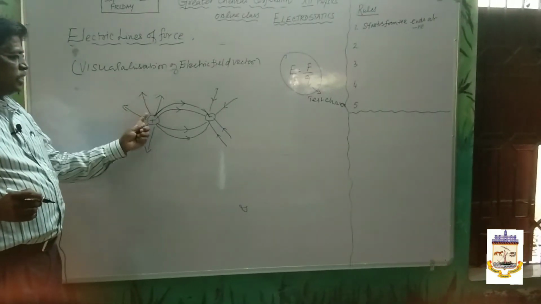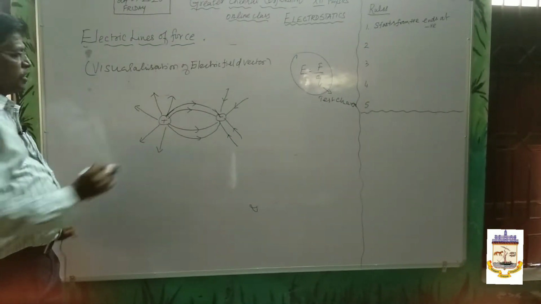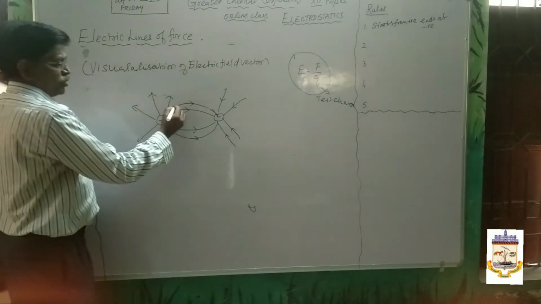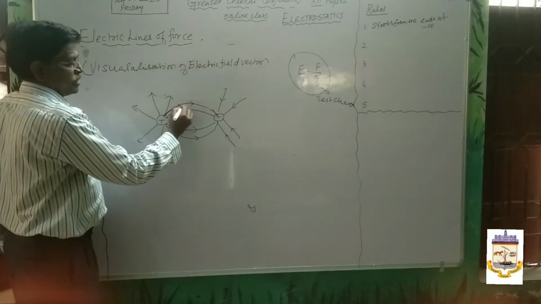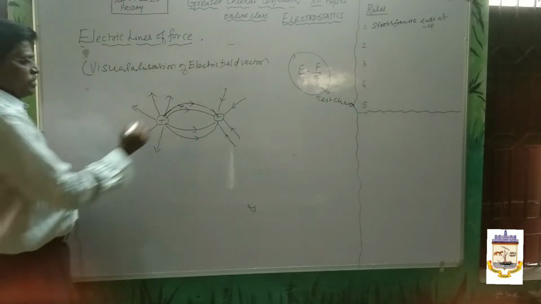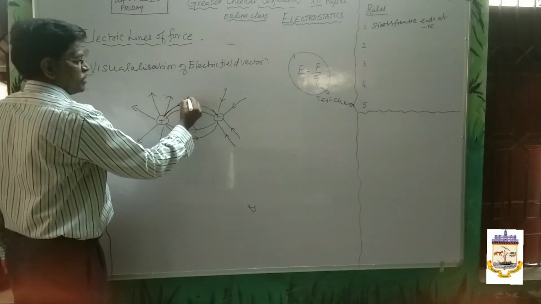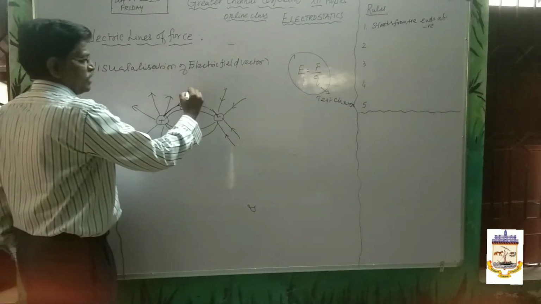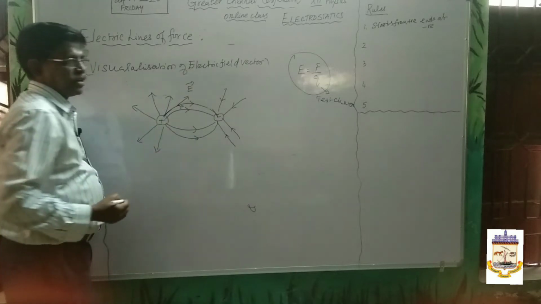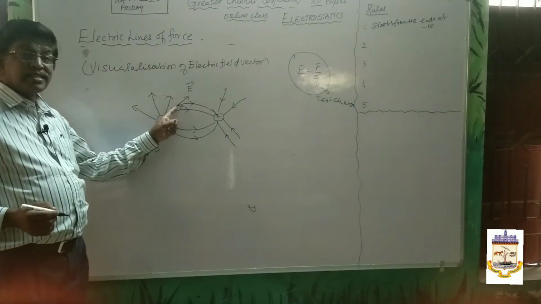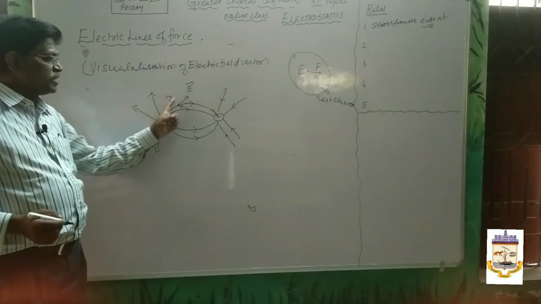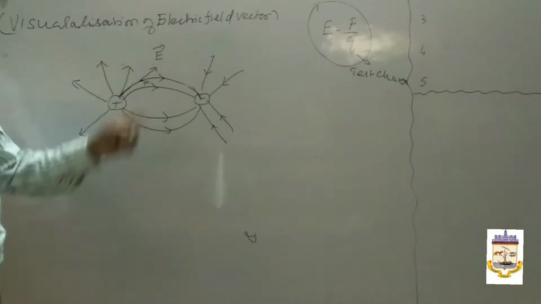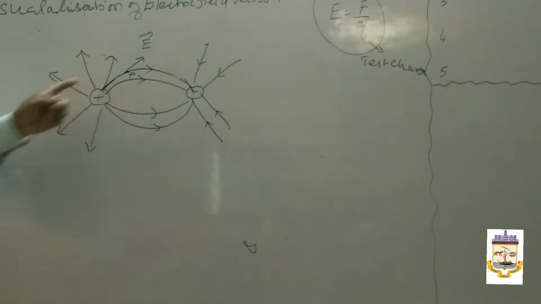In a straight line, this is the direction. For the curved lines, what is the direction of the electric field? Suppose I assume this is the point P. What is the direction of the electric field? If I draw a tangent at this point, this direction represents the direction of the electric field. So this is called the tangent. The tangent drawn to the curved line at any point gives the direction of the electric field.